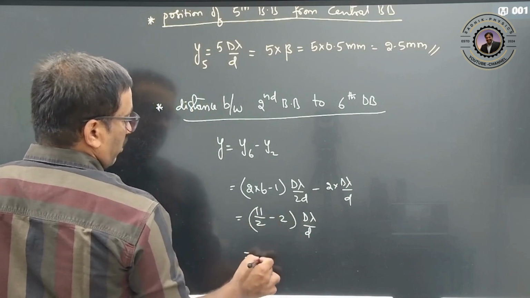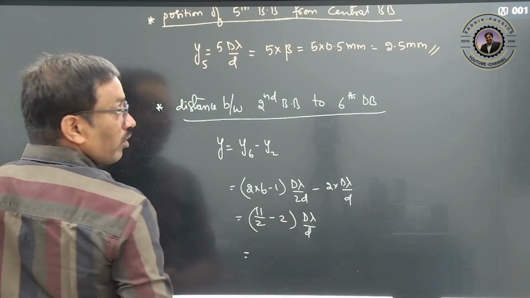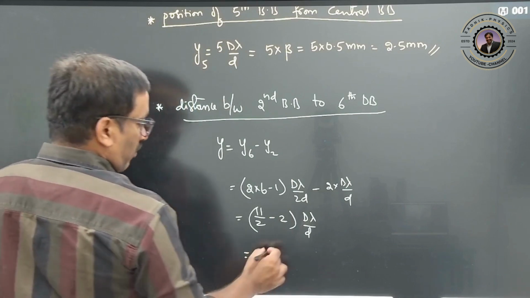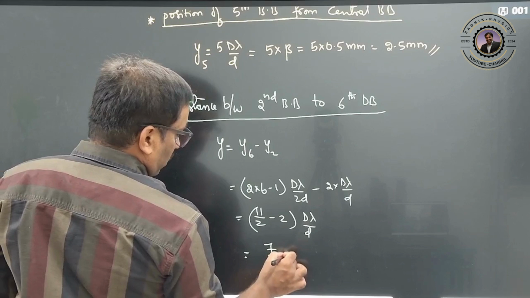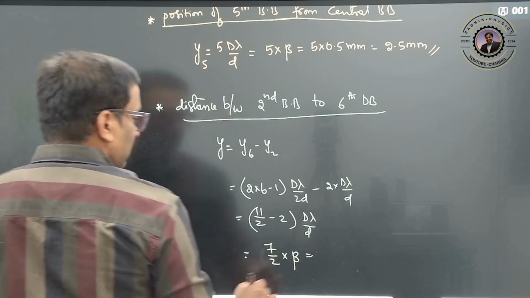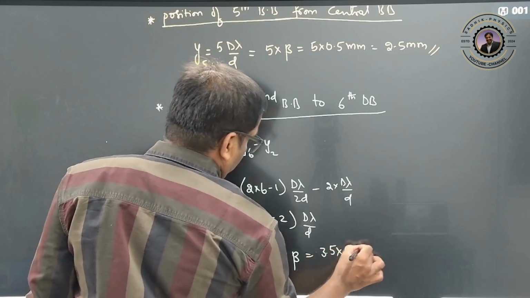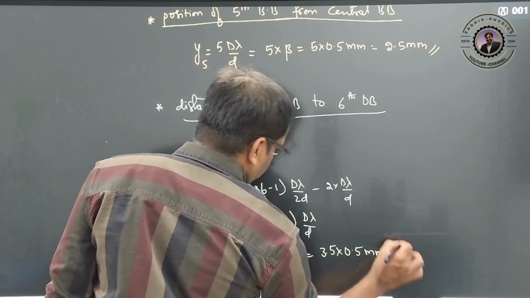So this is nothing but 4, and 4 means 7 by 2 into beta. 7 by 2 is nothing but 3.5 into 0.5 mm.